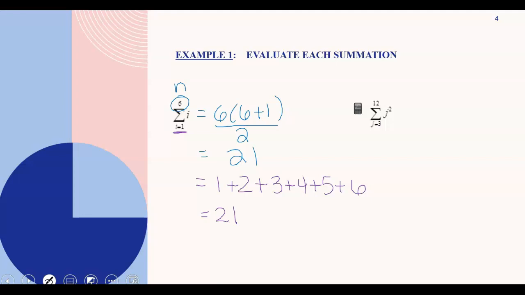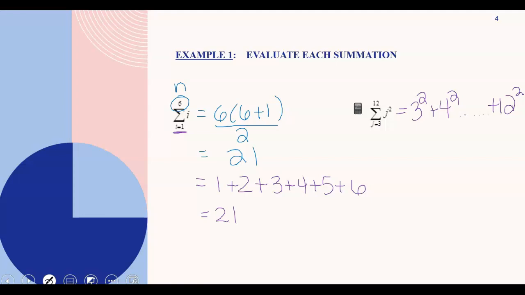If you were doing it the by-hand way, you would start with 3 squared and then 4 squared, and add them all the way up until we got to 12 squared. So 9, 16, 25, all of those perfect squares up to 144.